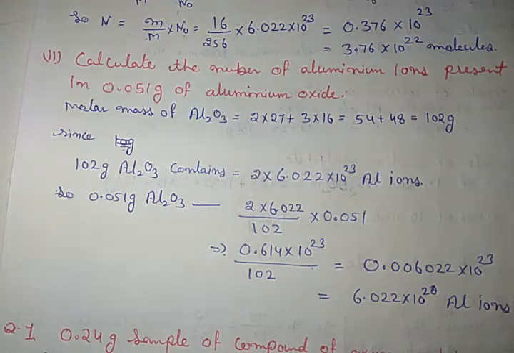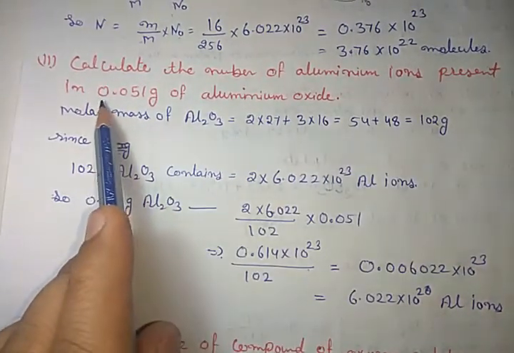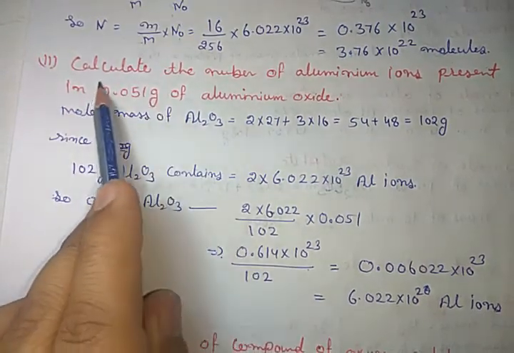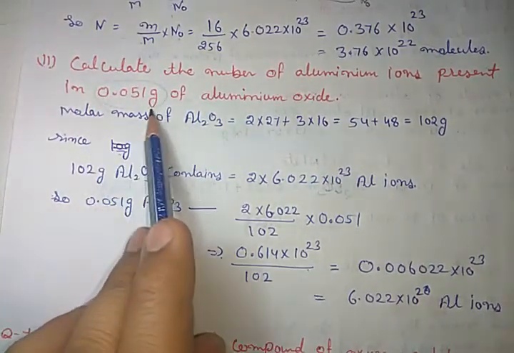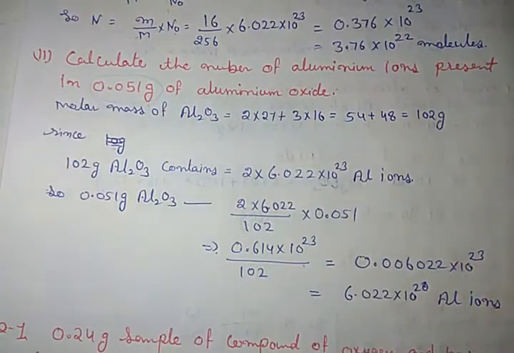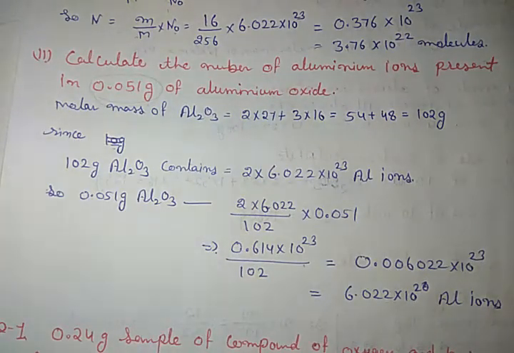So the mass of aluminium or aluminium ion will be the same. Now we have to find the number of aluminium ions in that amount of aluminium oxide.